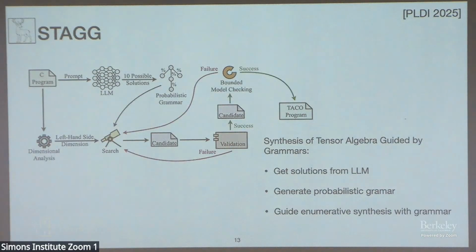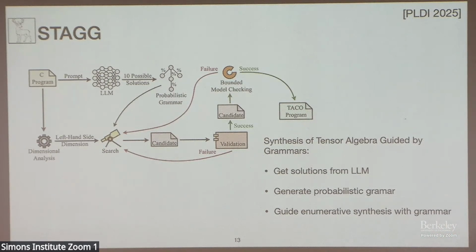The first thing I'm going to talk about is a PLDI paper this year. We've called this STAG because I love a tenuous acronym, but broadly what we do is we express this neighborhood as a probabilistic grammar, and then we use this probabilistic grammar to guide a classic program synthesis tool with some feedback, and do a classic CEGIS-style approach.